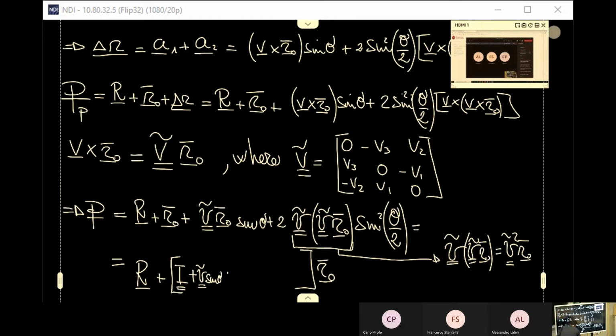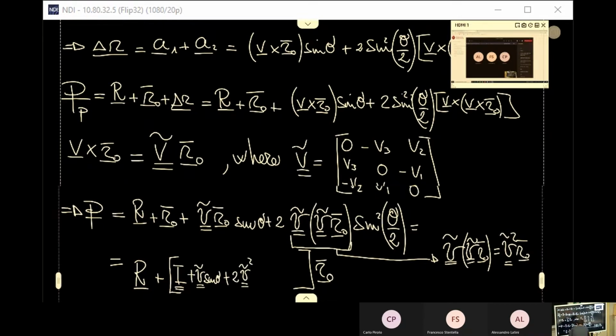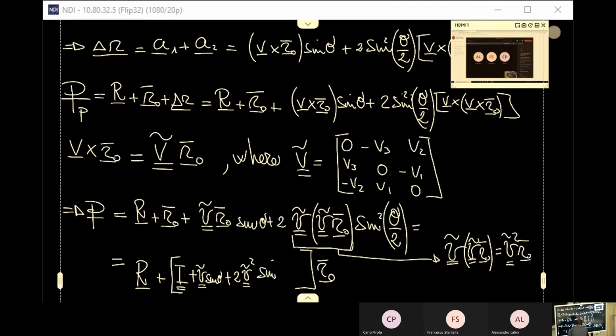And then we have 2 V tilde squared sine squared of theta divided by 2, right? Cool.